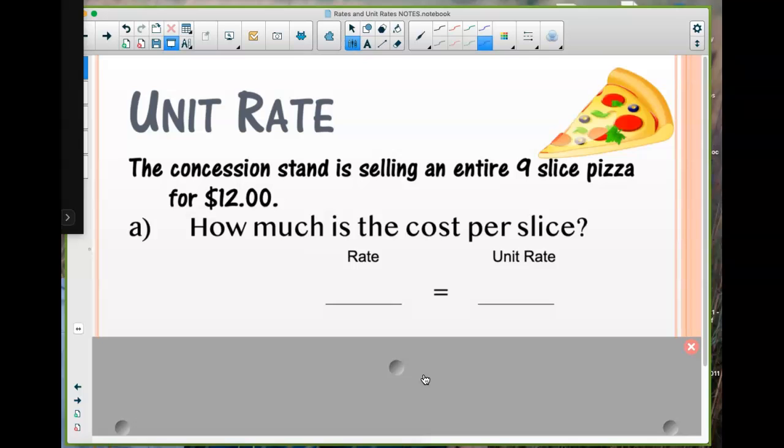Okay, we want to find the cost per slice. Okay, so the way the question is worded is super important. The cost per slice. What number has to come first, the 9 or the 12? What number goes on the top?